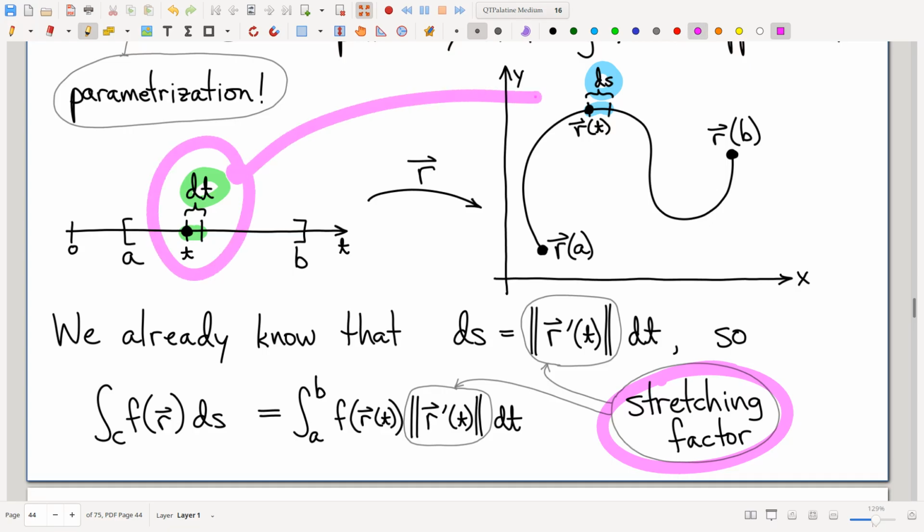What is the factor that I multiply by there? And if you think about it, we already know that distance is equal to speed times time, so speed must be my stretching factor. That is a lucky break. Old news, right?